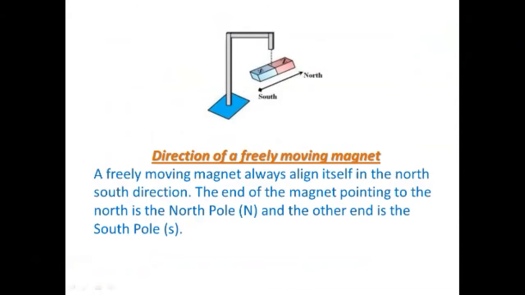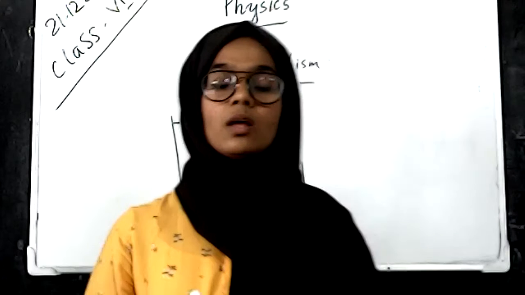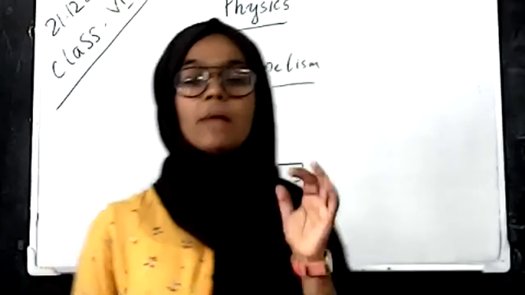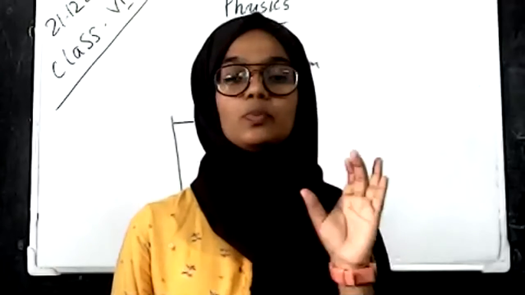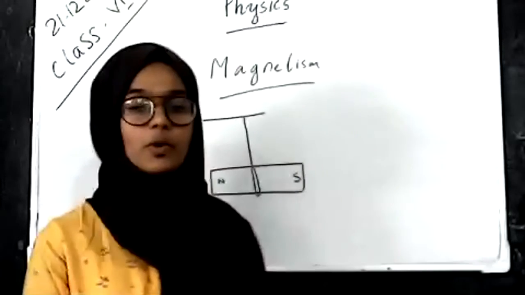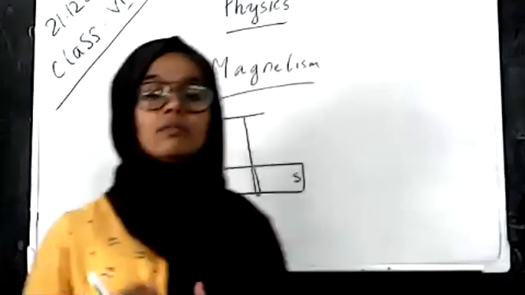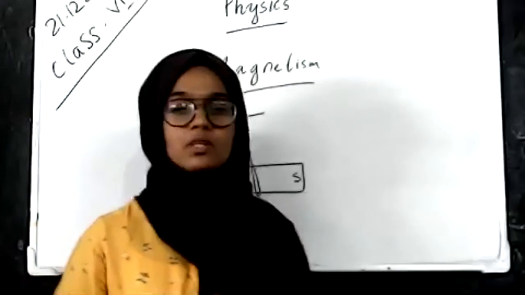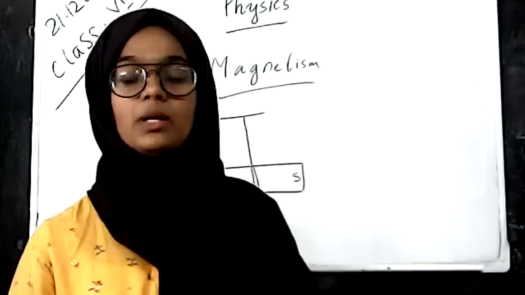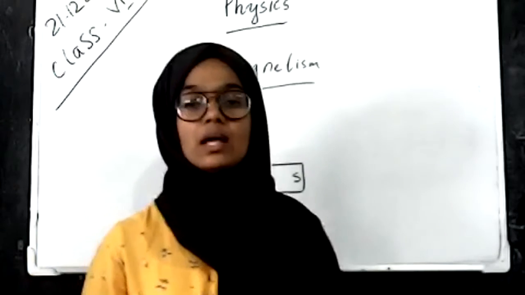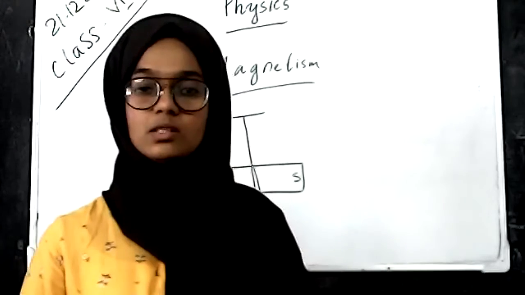The end of the magnet pointing to the north is the north pole and the other end is the south pole. So, the direction of the magnet shows the south and north of where we are standing. This is the main property of a freely hanging magnet.